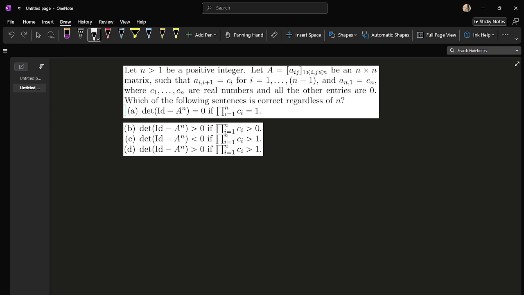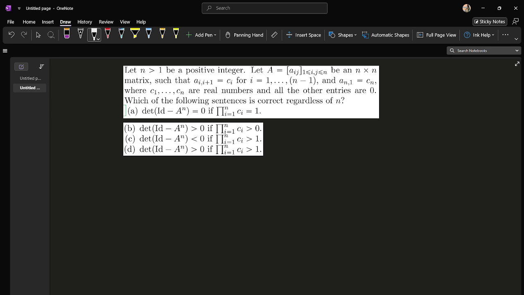Option A is telling us that the determinant of I minus A to the power n is equal to 0 if the product of ci, where i is running from 1 to n, is equal to 1. Option B is telling us that the determinant of the identity matrix minus A to the power n is greater than 0 if the product of ci is greater than 0.